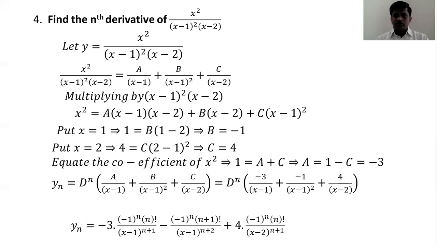The nth derivative of 1 by (x − 1) is (−1)ⁿ n! divided by (x − 1)ⁿ⁺¹, times −3. For the second term, 1 by (x − 1)² with coefficient −1, the nth derivative is (−1)ⁿ (n + 1)! divided by (x − 1)ⁿ⁺². And for the third term, 1 by (x − 2), the nth derivative is 4 into (−1)ⁿ n! divided by (x − 2)ⁿ⁺¹.